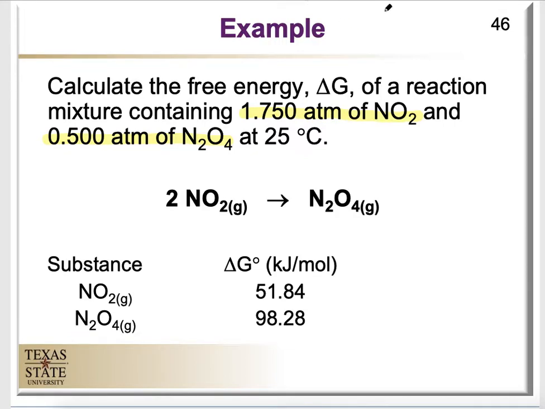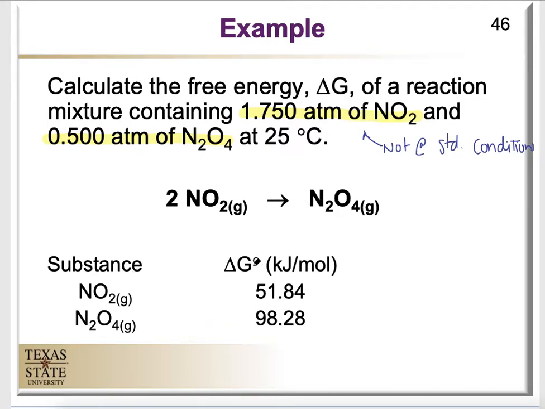That means that we are not at standard conditions, because standard conditions would be 1 atmosphere for the partial pressures of each of those molecules, right? And the temperature, on the other hand, is at standard conditions, but that's too late because we are already not at standard conditions.